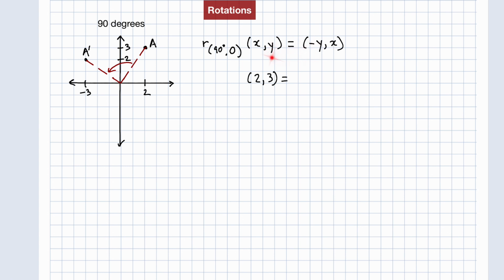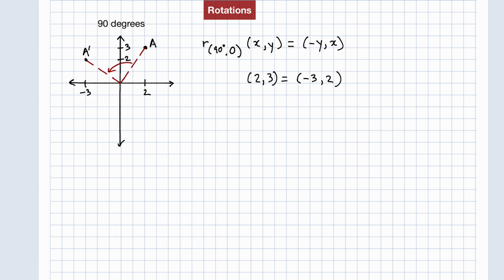So we're going to take this y and make it negative, and then we're going to flip it around. And so the resulting coordinate is going to be negative 3, 2. Now, if you take a look at where A prime is, you'll notice that it's at negative 3, 2. So this rule is correct.